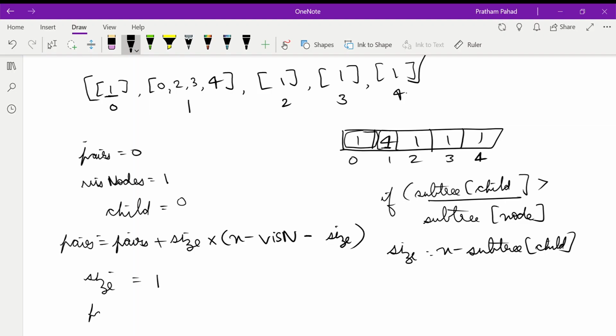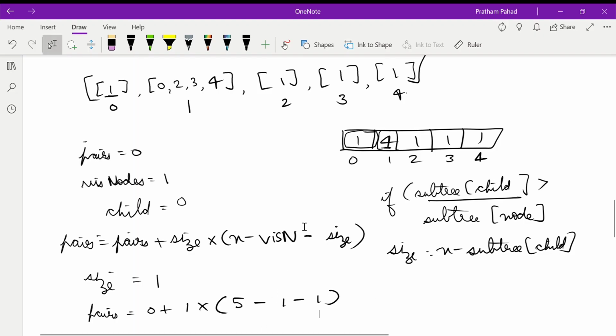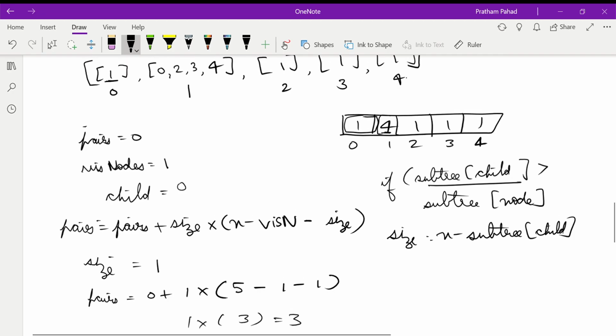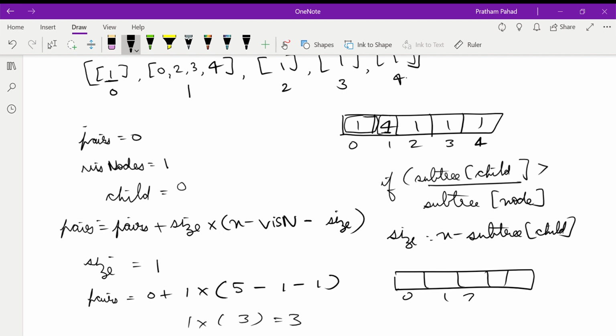Pairs equals pairs 0 plus size 1 into n is 5 minus visited node 1 minus size which is 1. So 1 into 5 minus 2 is 3. So initially pairs will be 3 only. So for the disconnected array, indices 0, 1, 2, 3 and 4, here we'll put 3 first.